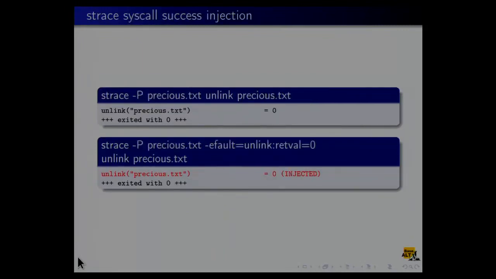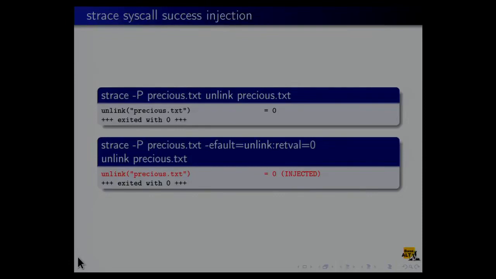And another way you can tamper is to replace the return code of a syscall with something that doesn't look like an error. So you can pretend that the syscall completed successfully, but actually skip it. By replacing the syscall number on entering with an invalid one, you skip the syscall. And on exiting, you can replace the return code with, say, 0, which for syscalls like unlink means that everything is fine.